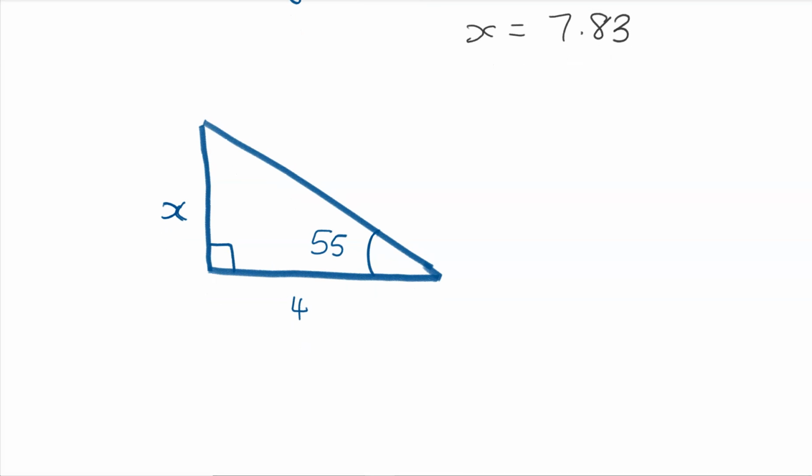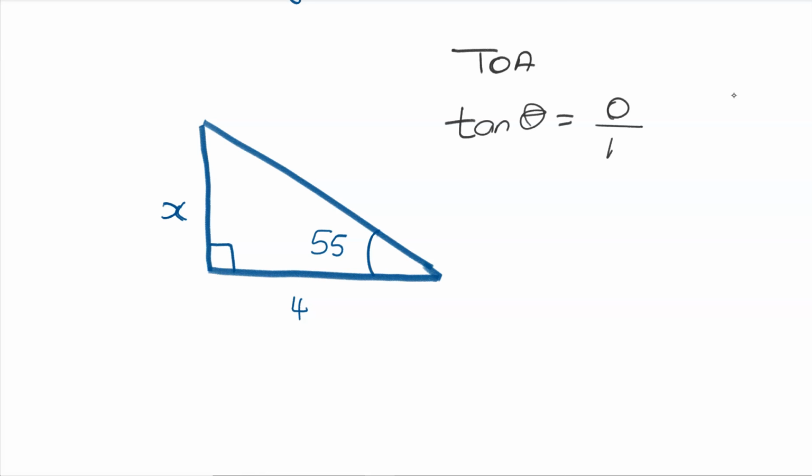Now let's look at another triangle over here. We're trying to find the opposite length, but we've been given the adjacent. So over here, we're going to use TOA, where tan of an angle is equal to the opposite divided by the adjacent length. I can rewrite that as tan, replace the theta with 55 because that's the angle. I'm trying to find the opposite, so that's x divided by 4, because that's the adjacent length.